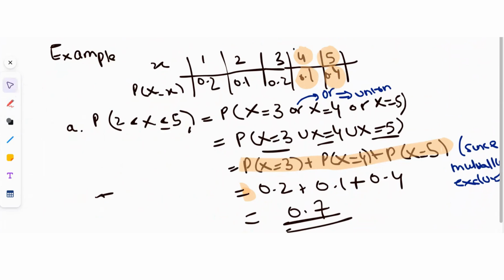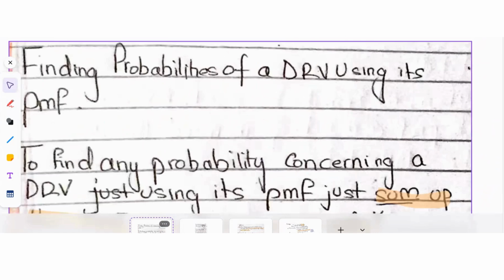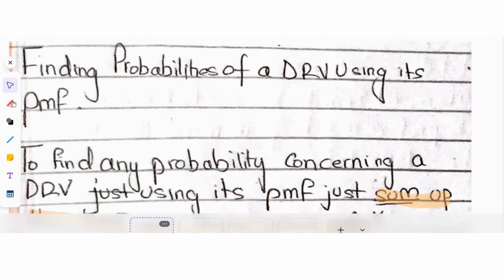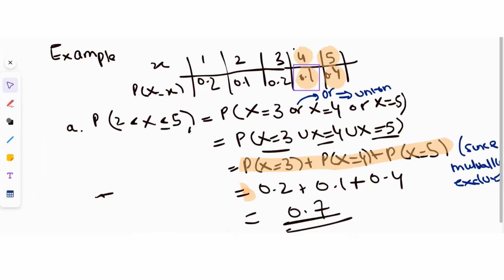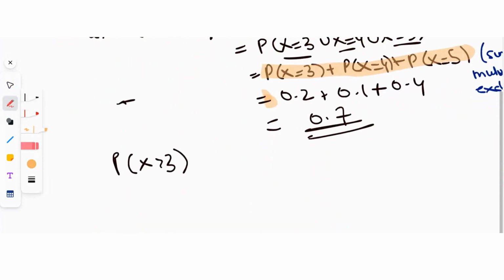Whenever we want to find the probability for a discrete random variable, just sum up the PMF over those values of x. So we can sum up the probability x is 4 and the probability x is 5. But let's again try to understand more logically. This is the probability x is 4 or x is 5.